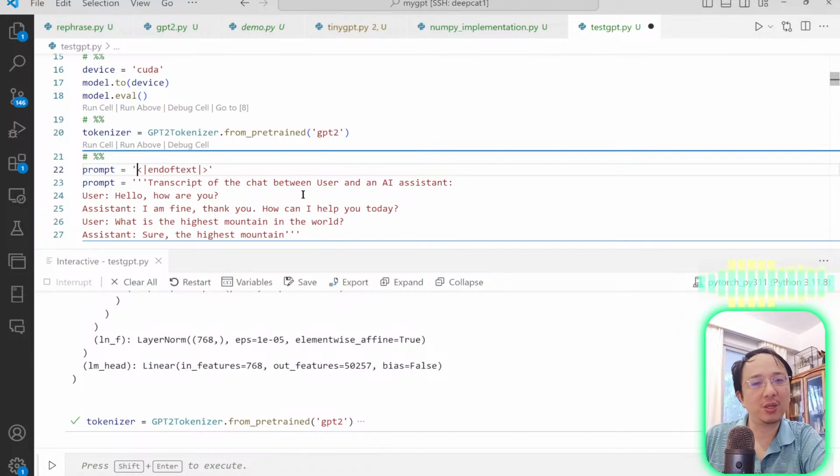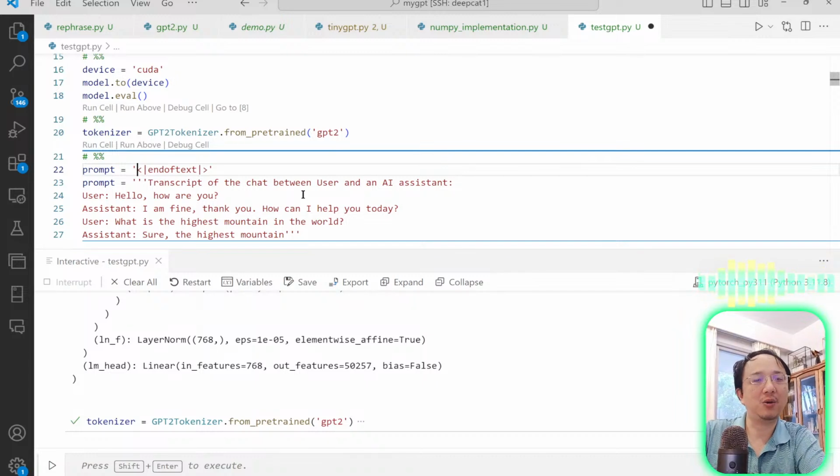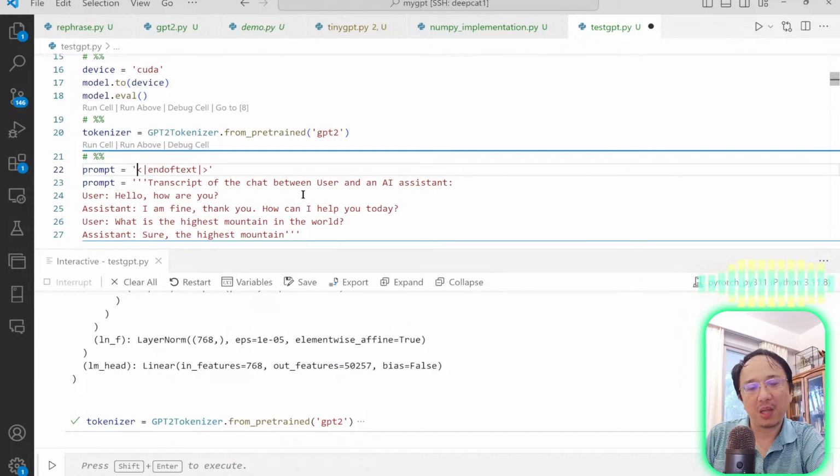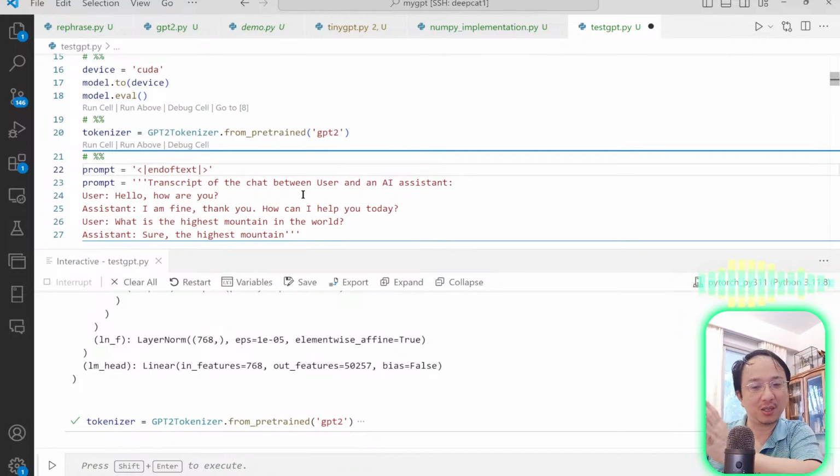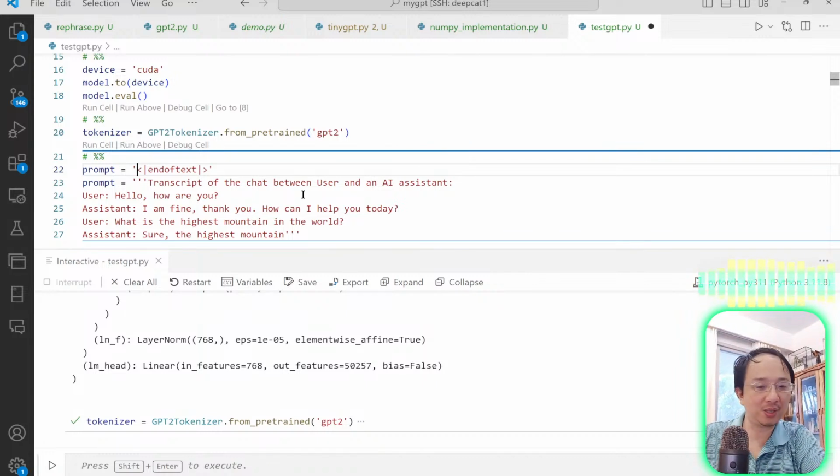If you are using a multimodal model, there will be tokens to indicate the beginning of the image and the end of the image, and other tokens related to the image representation, because we need to inject the information of images into the language model so that the language model can handle the content of the image.